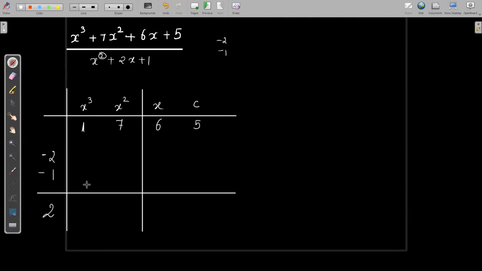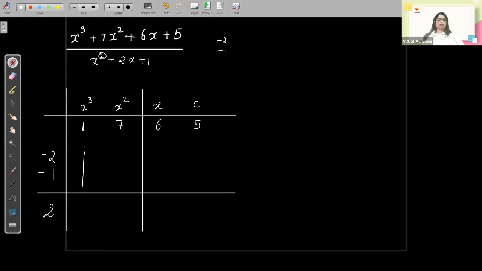Yes, ma'am. Yeah. Now what we'll do, we'll take the first number as it is. We'll write 1. 1 into -2 will be -2. And 1 into -1 will be -1. That will give you what? This will give you 5. 5 into -2. This I didn't teach you, no? Okay. -10.